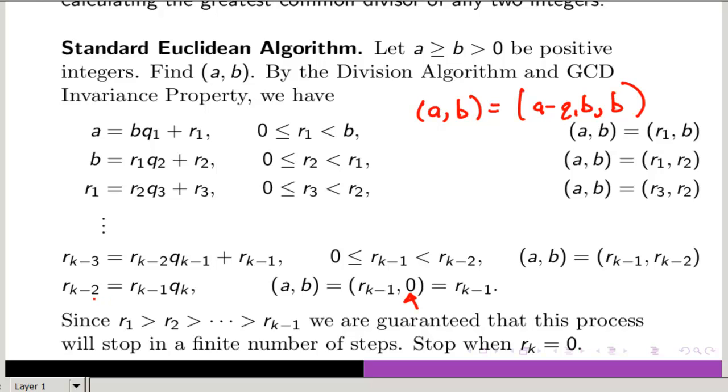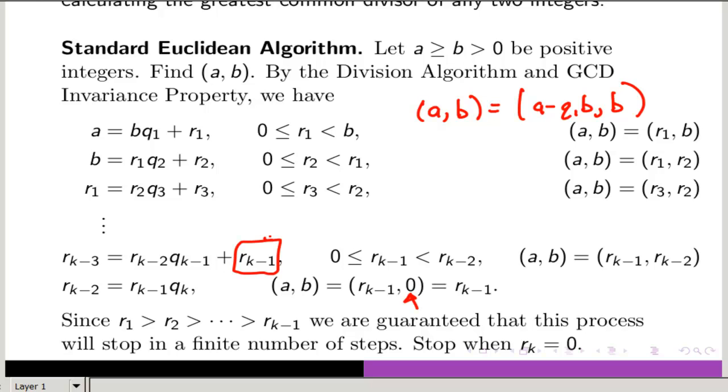Okay, so at this step right here, this is our kth step, we have the k minus 2 remainder is r_(k-1) times some q_k. And in the previous step, you've got an r_(k-1) sitting right there.